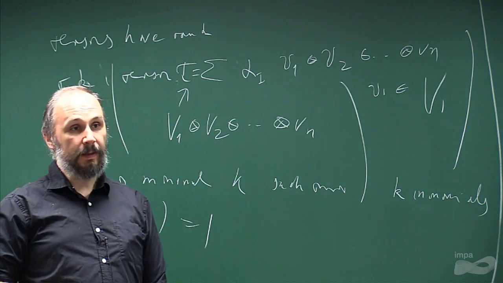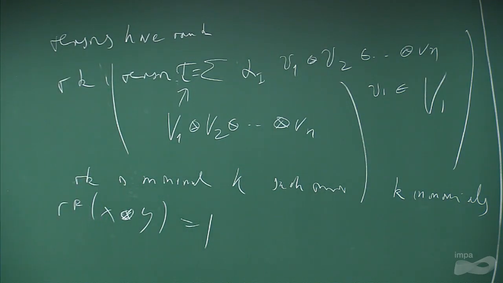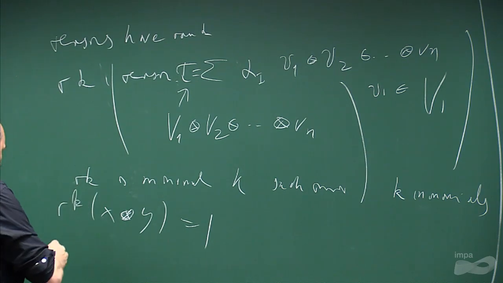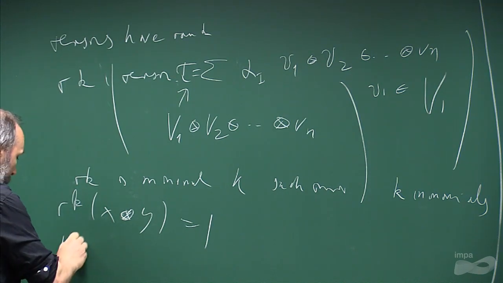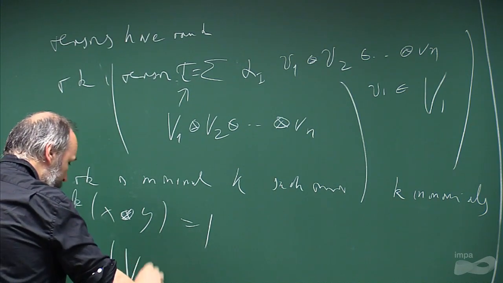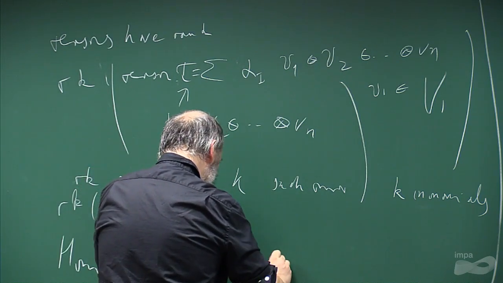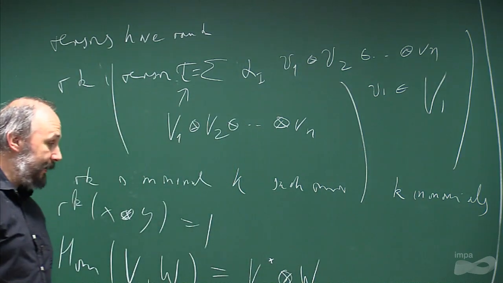If we take a linear map as a tensor of type V star times W, it will give just the rank of a matrix. Precisely. Thank you very much. Yes, this is what I was going to say now. First we should interpret homomorphisms from V to W as tensors, and this is the same as V star times W. How can you see it?